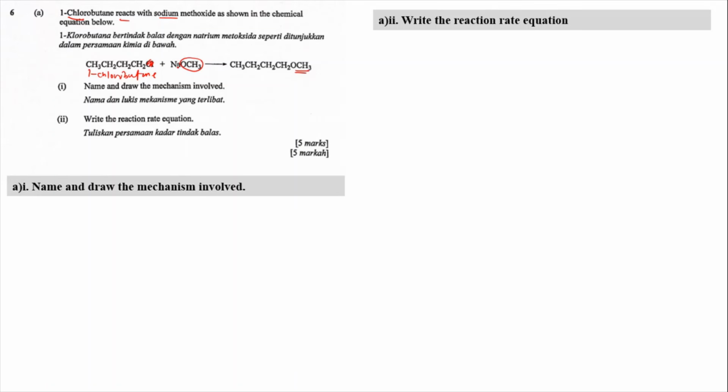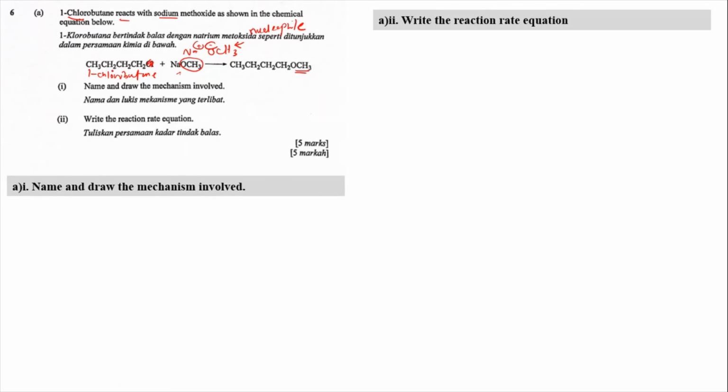Okay, so kat sini adalah sodium hydroxide, so it's going to have Na plus as well as OCH3 minus. Okay, so O negative CH3 will act as a nucleophile. Okay, so for question 6A1, we have to name and draw the mechanism involved.